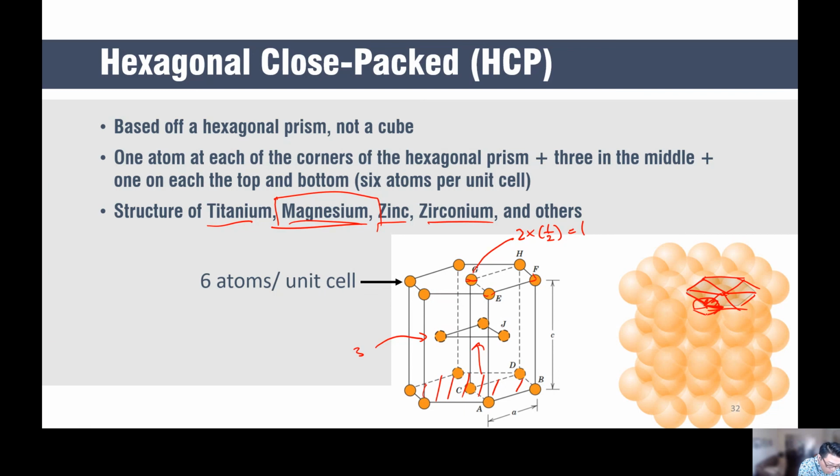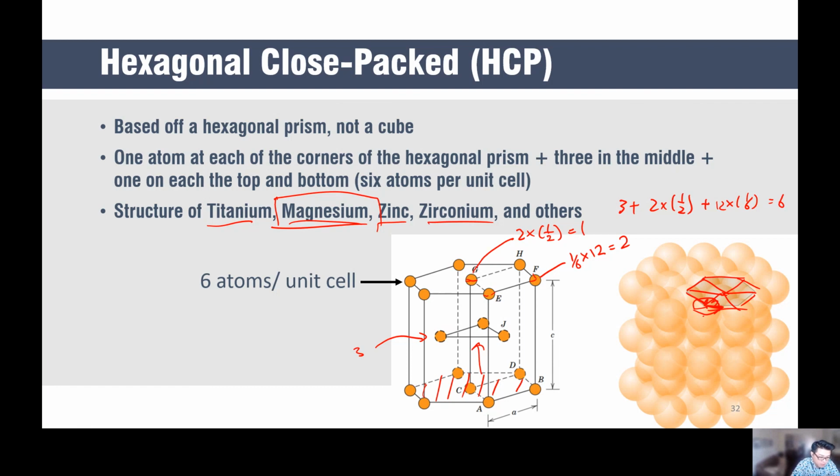This one is 1/6 of an atom. How many do we have? 1, 2, 3, 4, 5, 6, 7, 8, 9, 10, 11, 12 times 1/6. So that gives me 2 atoms. So in total, we have 3 plus 2 times 1/2 plus 12 times 1/6, which equals 6 atoms per unit cell.